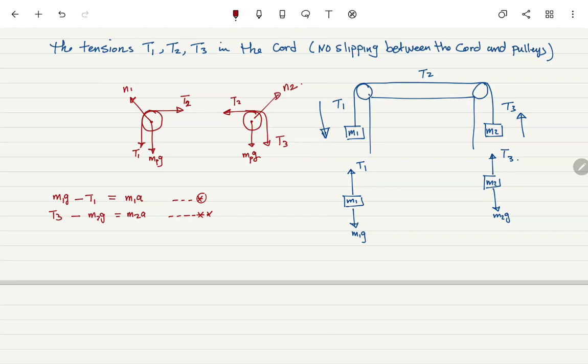Now let's use the torque equations here. Remember, the net torque is equal to FR, which equals I alpha.